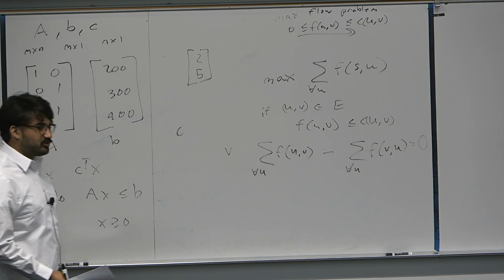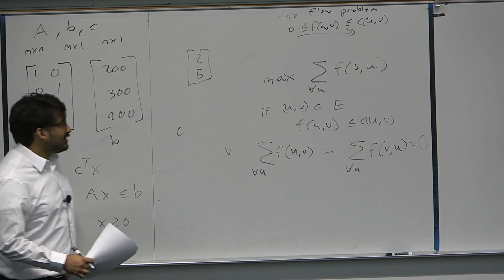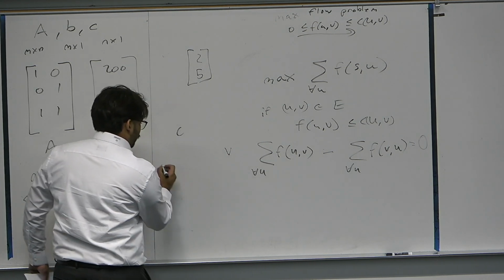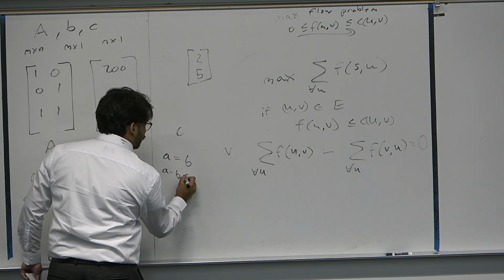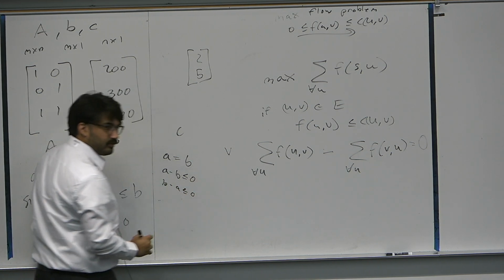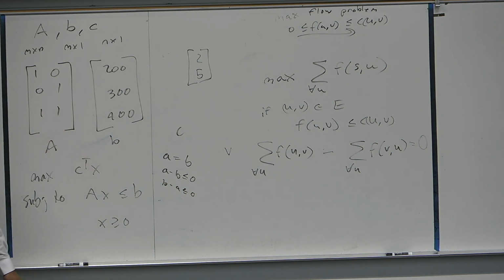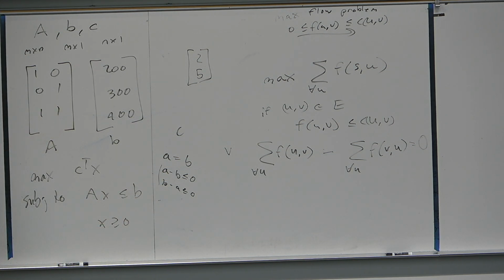Exactly. So how would you do that? Yeah, so I'll write it over here. If you want to write A equals B, what you can do is say A minus B is less than or equal to 0, and B minus A is less than or equal to 0. If both those are true, then it must be the case that A equals B, right? So you would simulate this with two different equations.